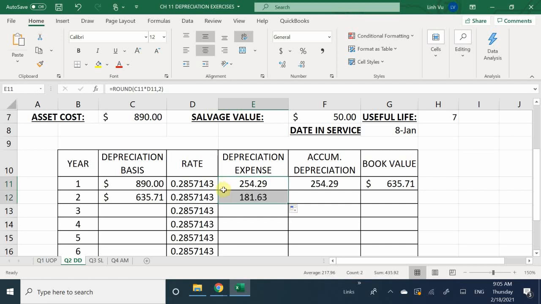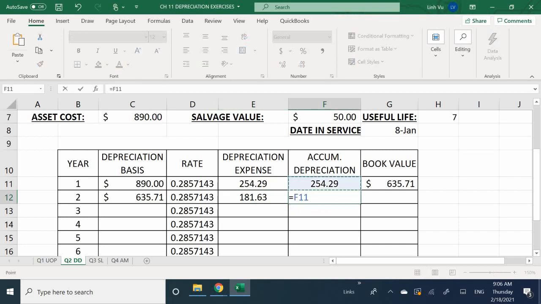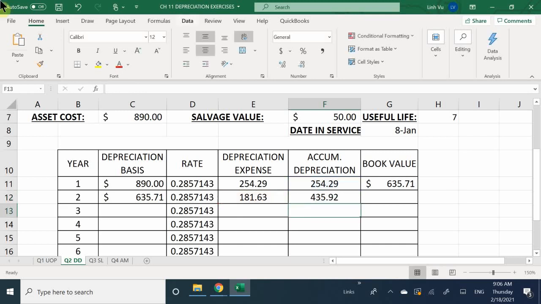So what is going to be my depreciation expense for year 2? 181.63. Good. Okay. Then what is going to be my accumulated depreciation? 435.92.